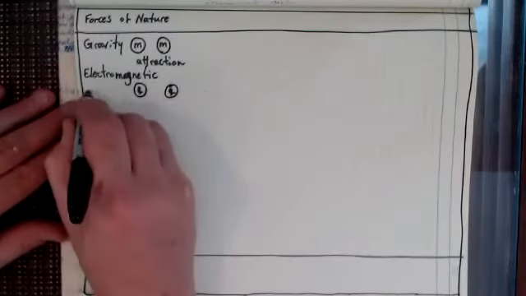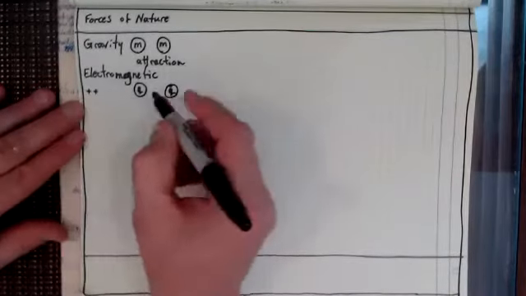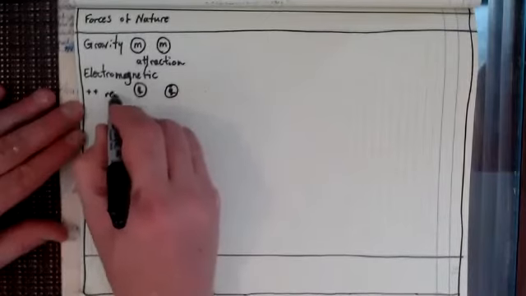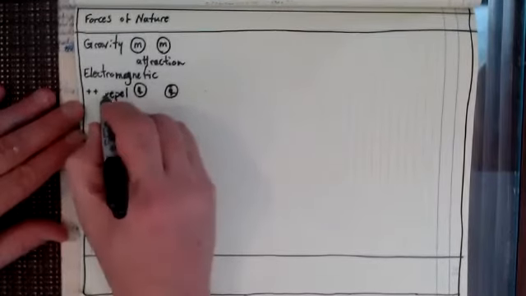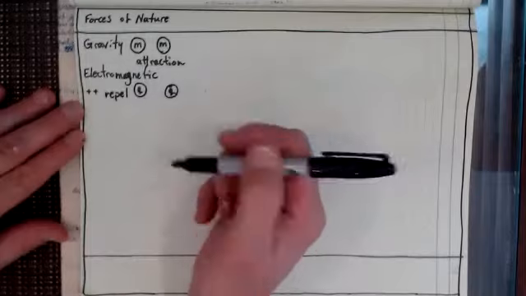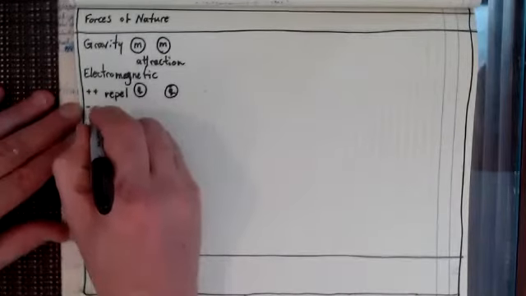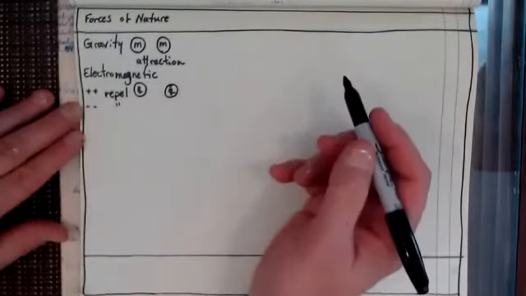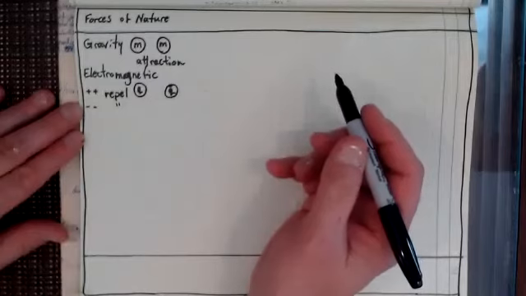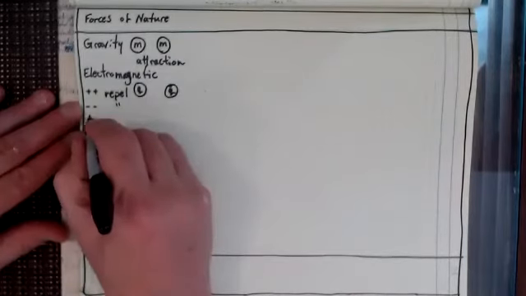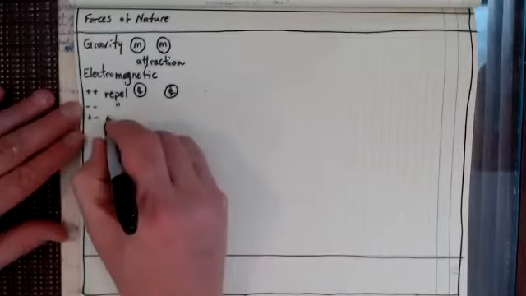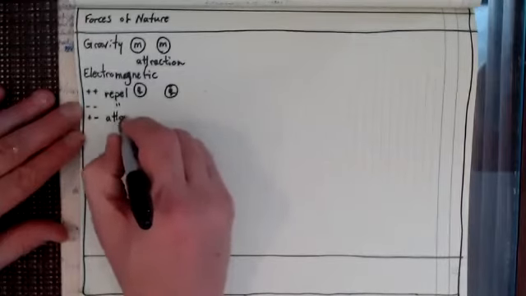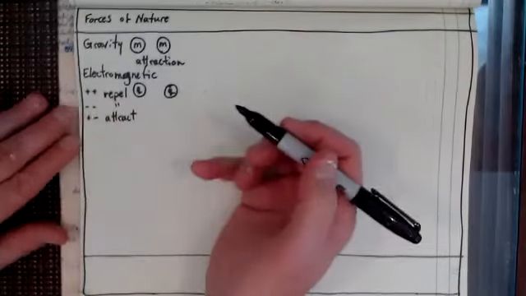And if I have a plus charge and a plus charge, they repel, right? If I have a minus charge and a minus charge, they repel. If I have a plus charge and a minus charge, they attract, right?